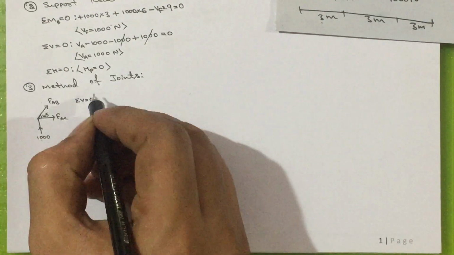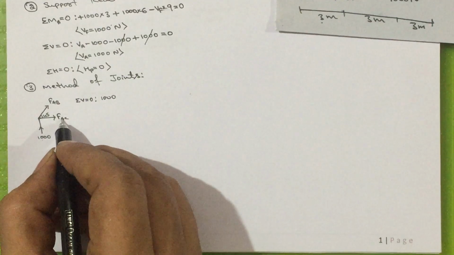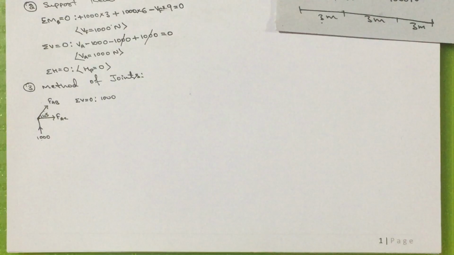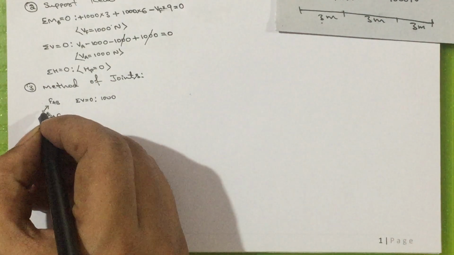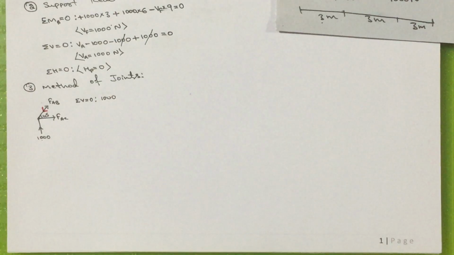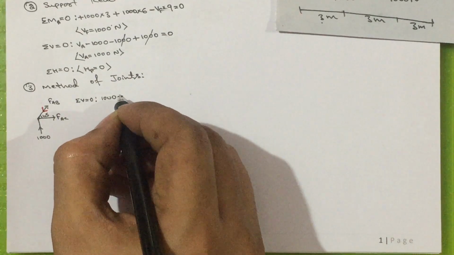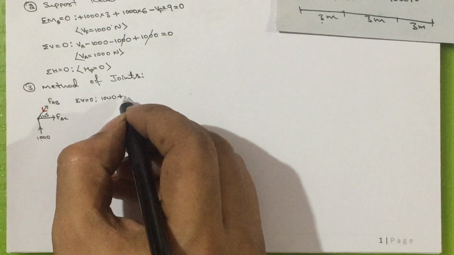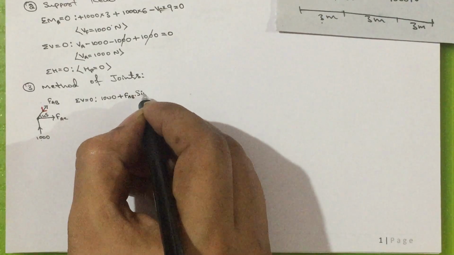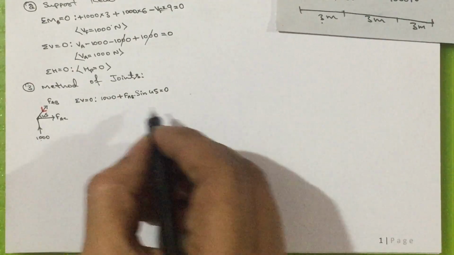I will start from this force, that is plus 1000, then it is horizontal, leave it, horizontal component leave it, vertical component. Here I am writing directly. If you do not know, you can draw the nearby horizontal and vertical line for split up. Here the vertical component is moving upward. So, plus the component is F sin theta, that is FAB into sine of 45 degree, that should be equal to 0.